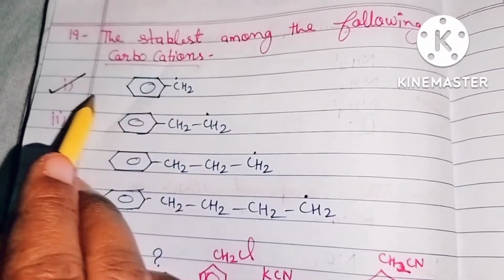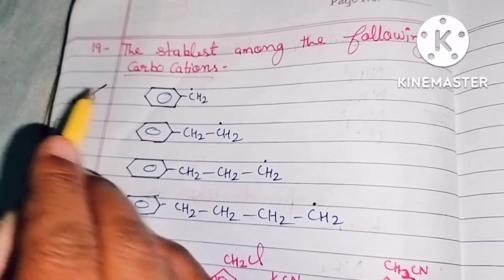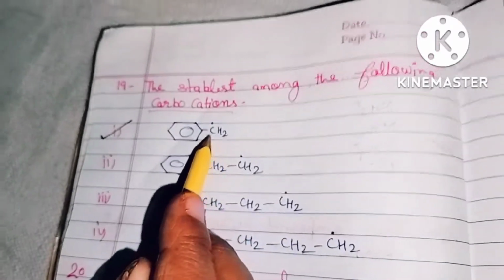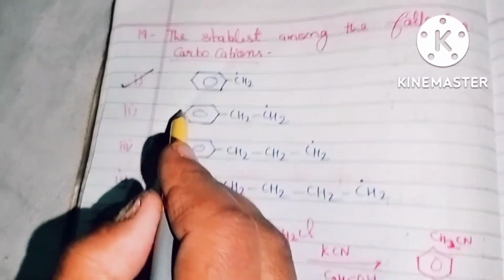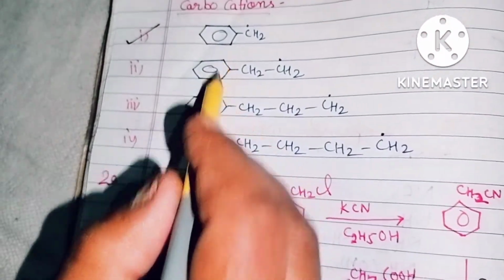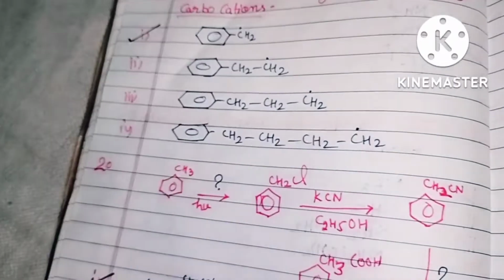In this condition, the right answer is the benzene ring containing only one methyl group. These are the most stable carbocations in comparison with all the examples.